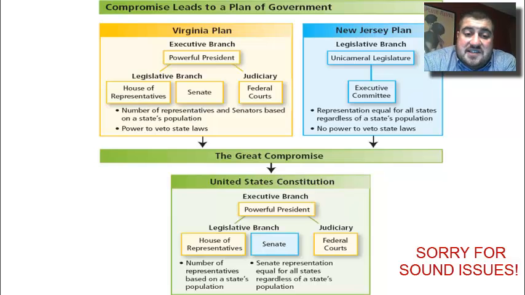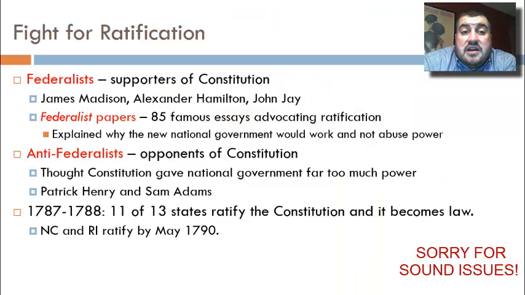So taking this to ratification, we need 9 of 13 states to, or I'm sorry, 11 of 13 states to ratify the Constitution before it becomes law. And the Federalists are the people who are supporters of the Constitution. Some famous ones are James Madison, Alexander Hamilton, and John Jay.